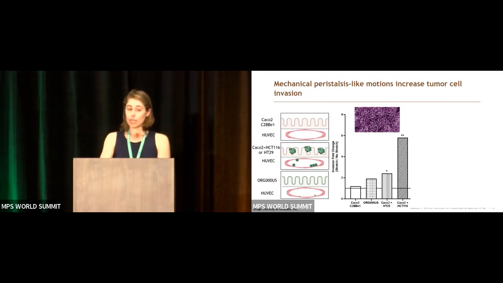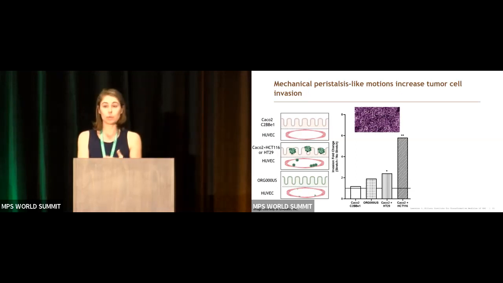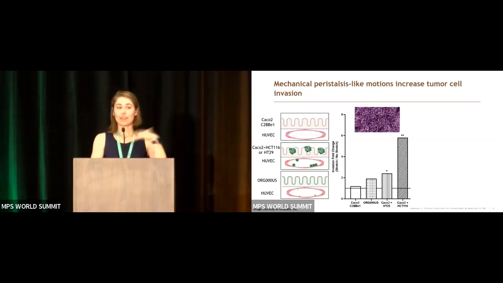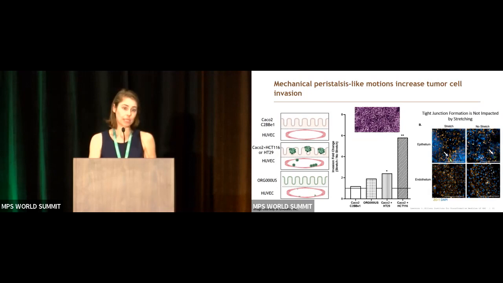In the HT29s, we see about a 2.5-fold change. And in the patient-derived organoids, we see about a 2-fold increase in invasion as well. So this is not just a cell line phenotype. We are working to expand the number of patient-derived organoids that we're working with. But overall, big picture, if we have these mechanical deformations, these tumor cells are increasing their invasive capabilities.